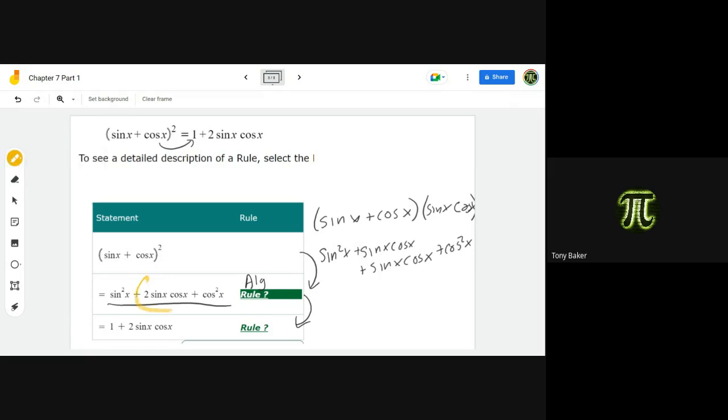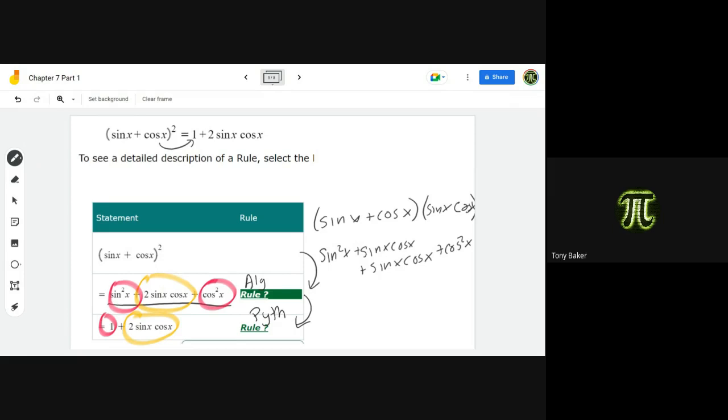So this part right here is still there, right? So really what's missing is sine squared x and cosine squared x. What's sine squared x plus cosine squared x? That's 1. That's where that 1 came from. That was a Pythagorean rule. Why is it 1?